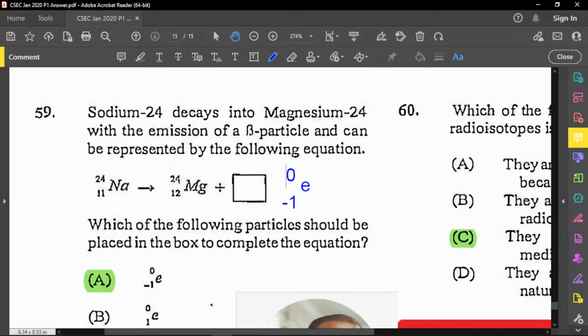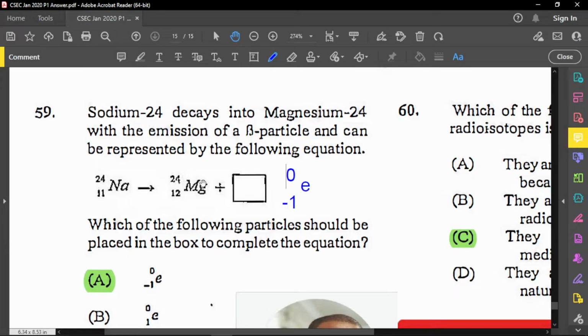Sodium is 24 with proton number 11. It gives magnesium with mass number 24, but the proton number is 12. Because they have the same mass number but different proton numbers, they are different elements. Different elements can have the same mass number.